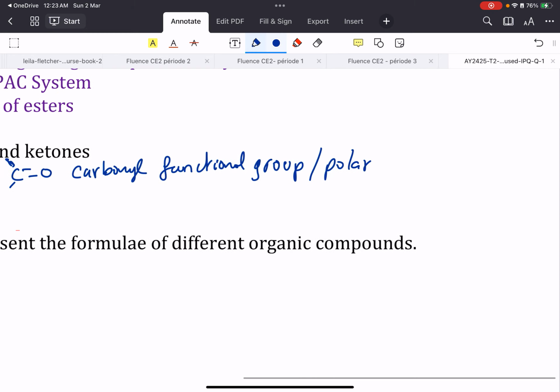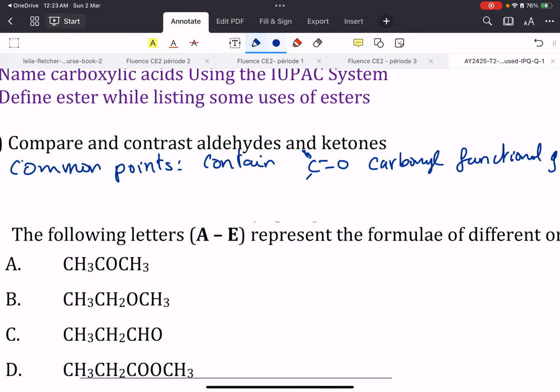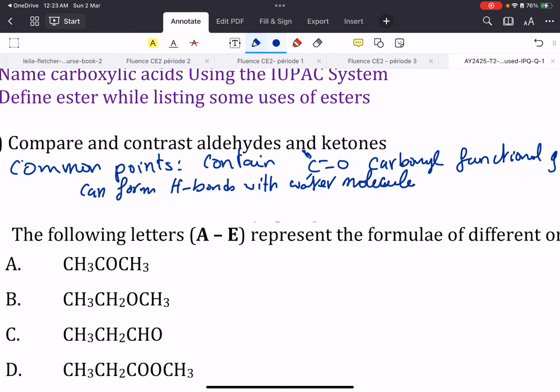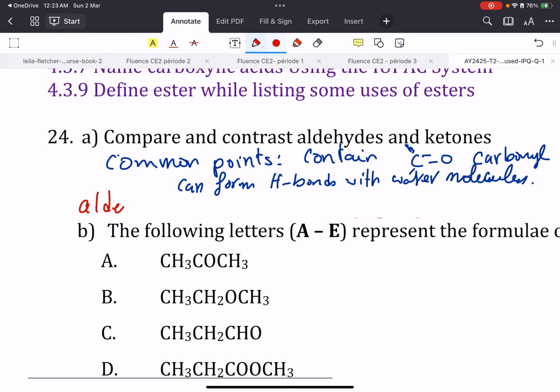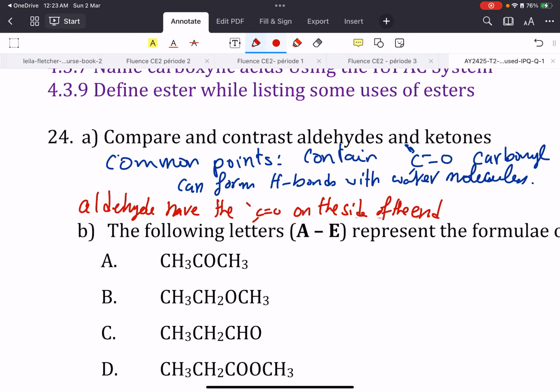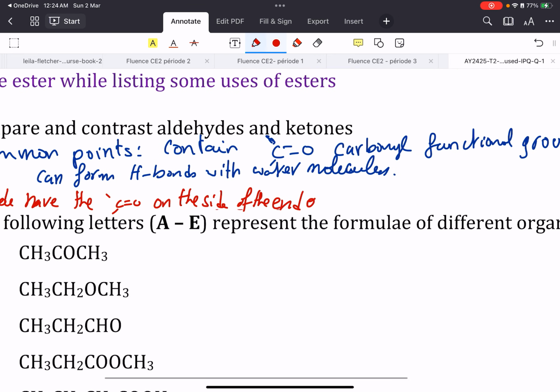Both are polar, both are water soluble, and both of them can form hydrogen bonds with water molecules, but not among their molecules. Okay? Now, the difference is that aldehydes have their carbonyl group on the side of the chain, at the end of the chain or at the beginning of the chain.